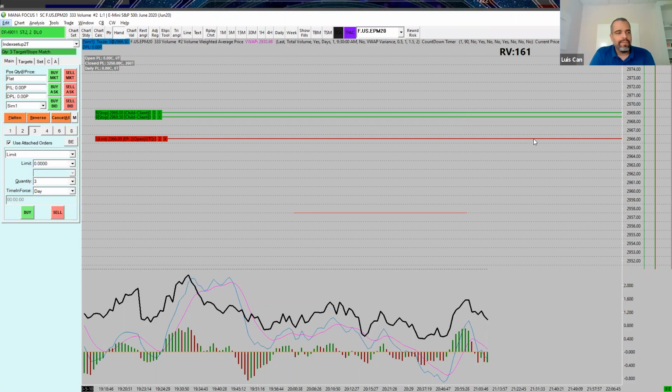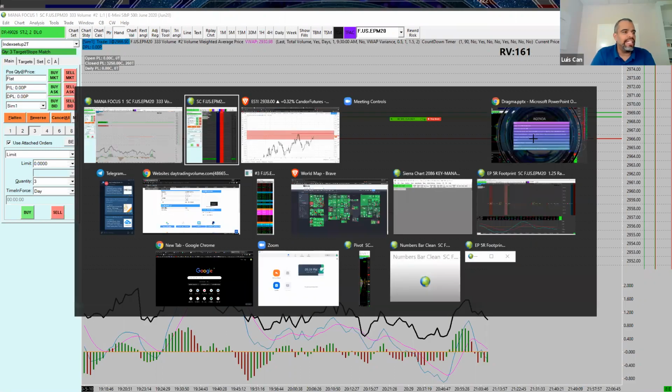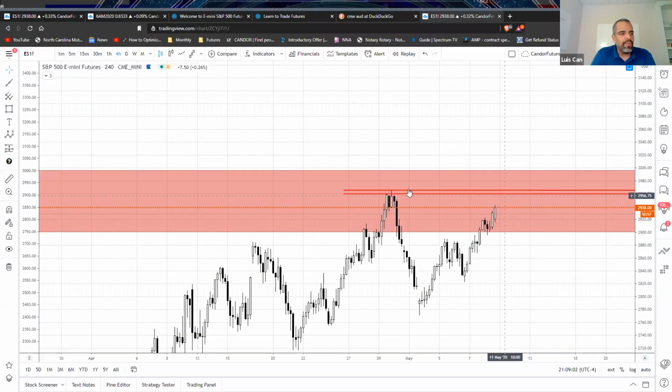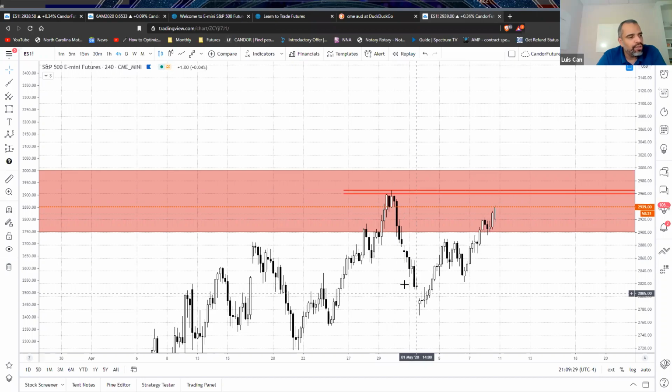But based on the statistical probabilities of reaching this level, based just on this level, how it was rejected with this candle, and then look at the massive drop, what it's telling you psychologically, Diana, is that once the price got here, the selling pressure was so intense that it put all this push down until the market dropped all the way here.